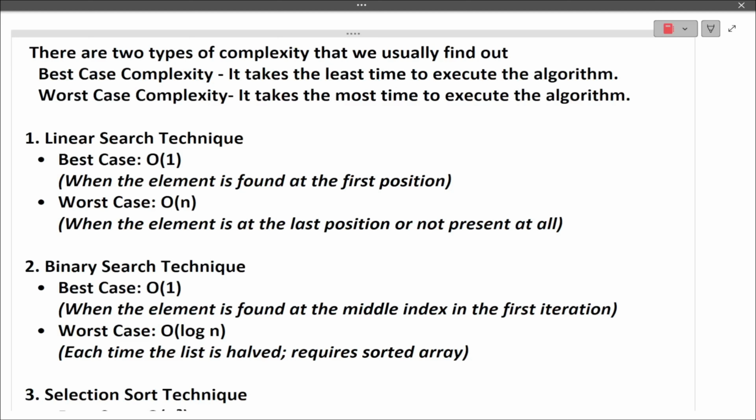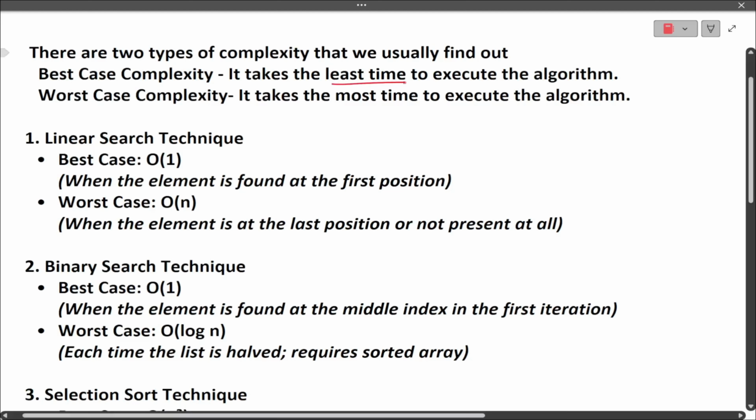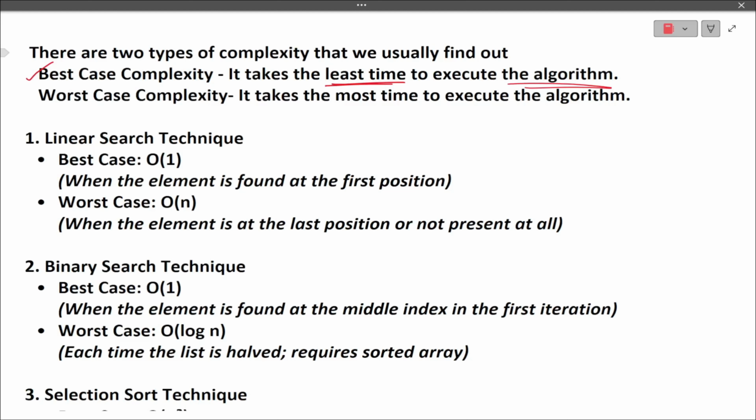This kind of complexity is divided into two types: best case complexity and worst case complexity. Best case means when it takes the least time to execute the algorithm; there you consider that as best case complexity. Worst case complexity is where most of the time is consumed. This is the highest time consumed to execute a particular program.